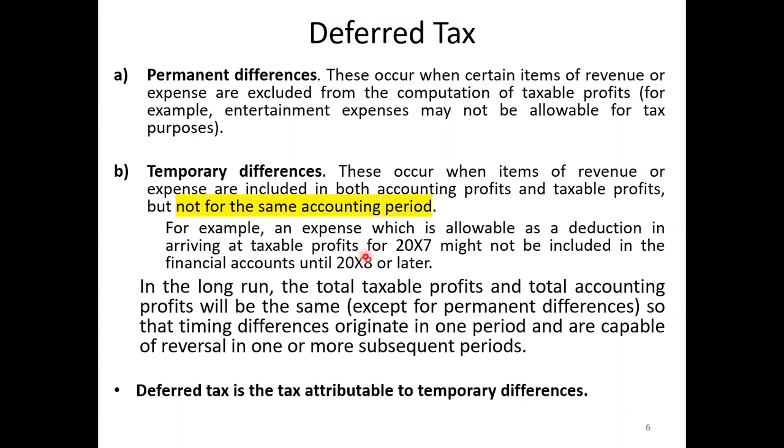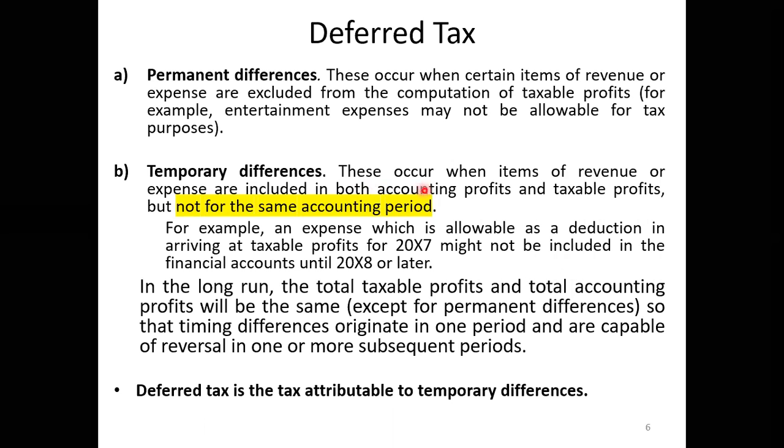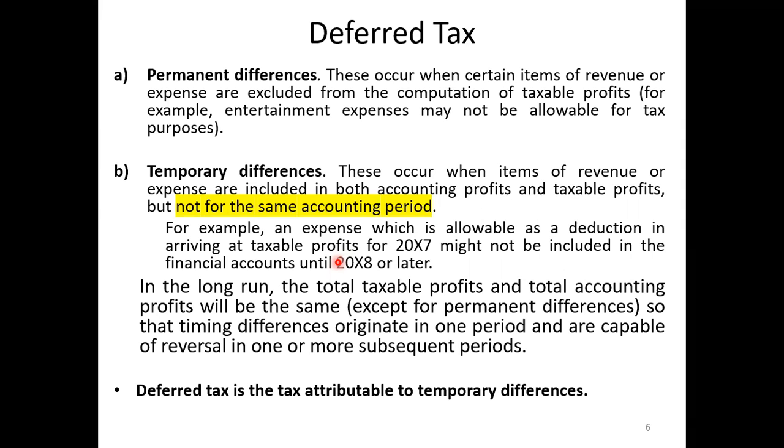Right. So now we can understand the meaning of this paragraph, temporary difference. This occurs when items of revenue or expense are included in both accounting profit and taxable profit, but not in the same accounting period. Here, year 1, year 2, year 3, year 4, they're different. For example, an expense which is allowable as a deduction in arriving at taxable profit for 2017 might not be included in the financial accounts until 2018 or later.